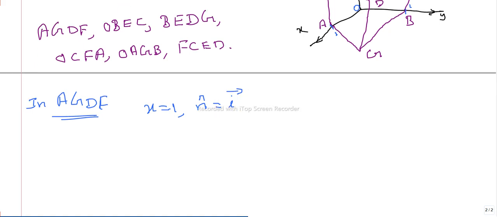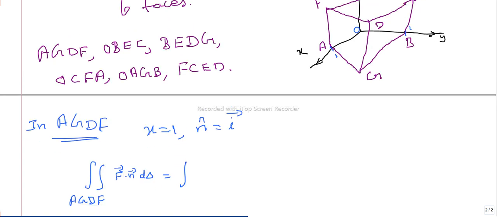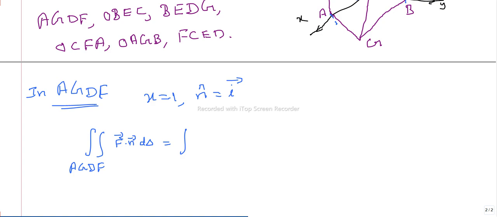Now what is the integral? The double integral over this surface AGDF of F dot n vector dS. Here, the only variables are y and z because x is fixed at 1. So y varies from 0 to 1, z also varies from 0 to 1.